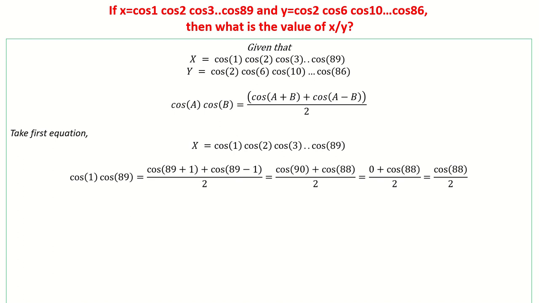Cos 90 is 0, we know, so it will become cos 88 by 2.